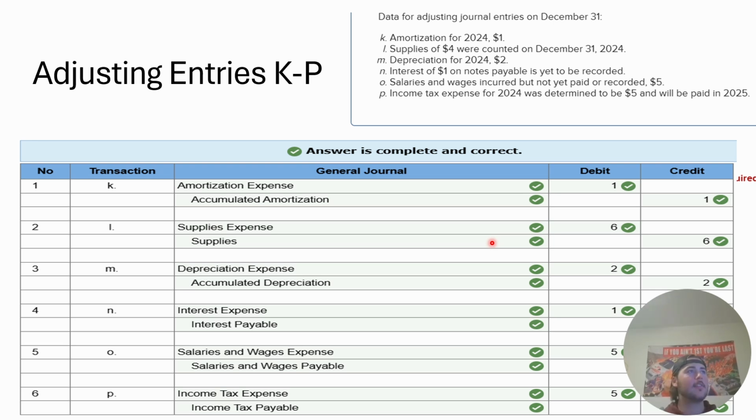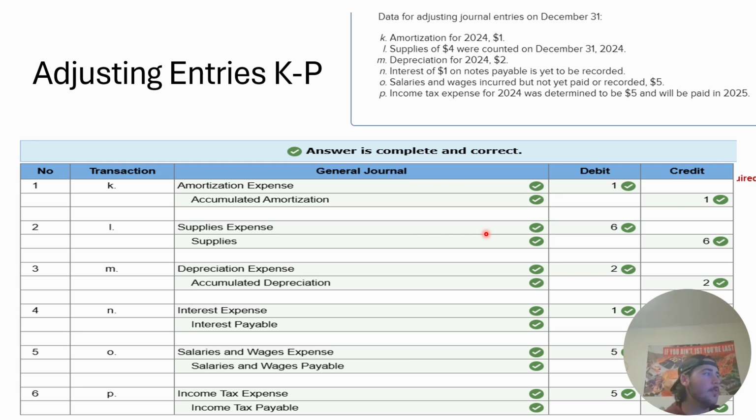That's our ending supplies. Take what you had at the beginning, what you purchased, and what you have in the end, and that's how you get to this 6 adjustment. Depreciation for 2024 is $2: a debit to depreciation expense and a credit of 2 to accumulated depreciation.